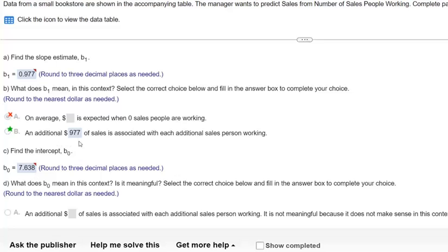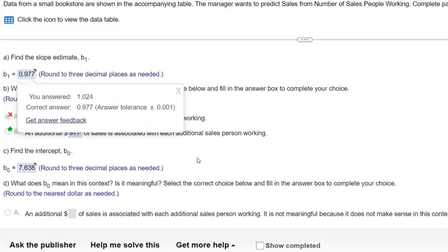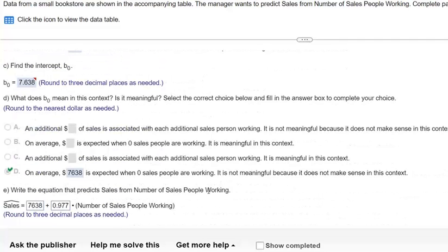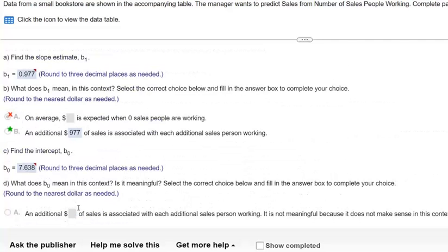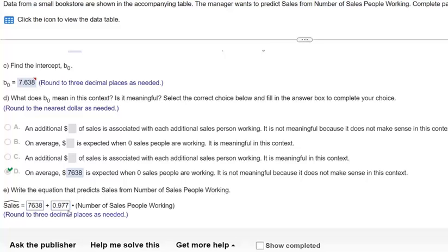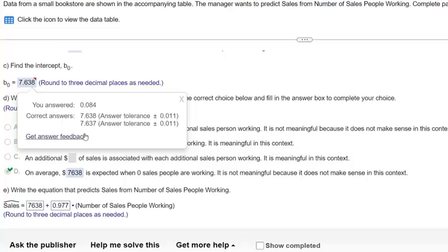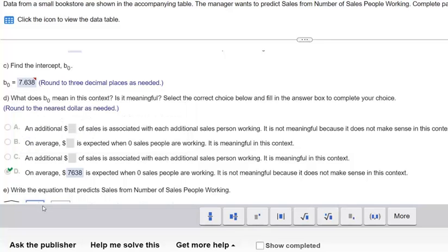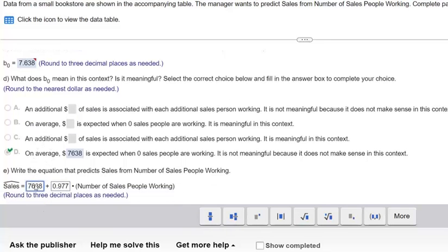What do we get for a slope for salespeople working? 0.977. 3 decimal places, so I did that. 0.977 is the slope. So that is in the correct spot. The y-intercept is 7.638. Oh, 7.638. Sorry, I didn't put my decimal.